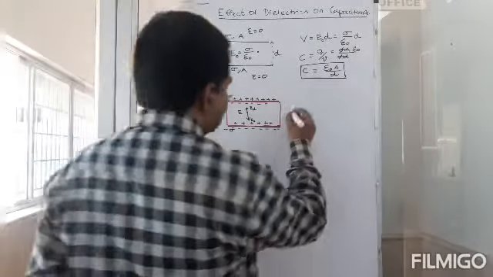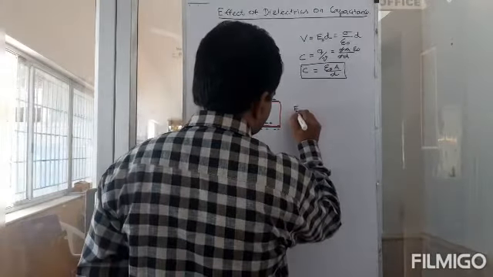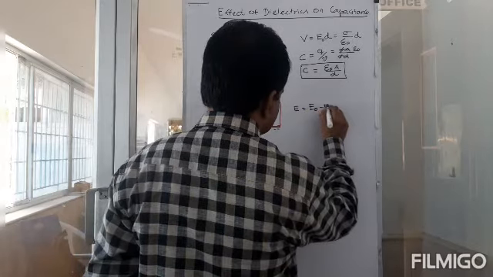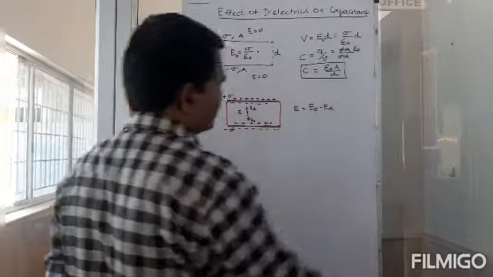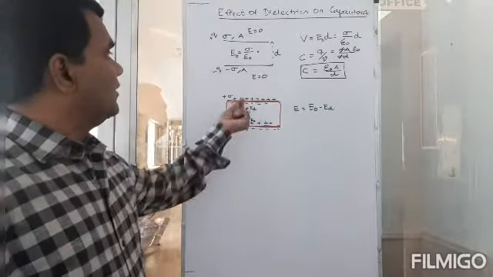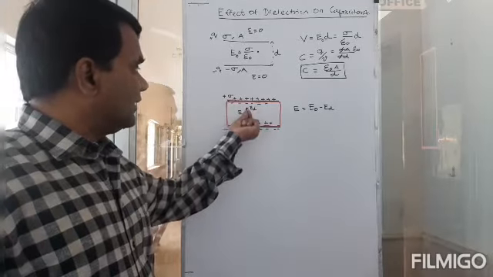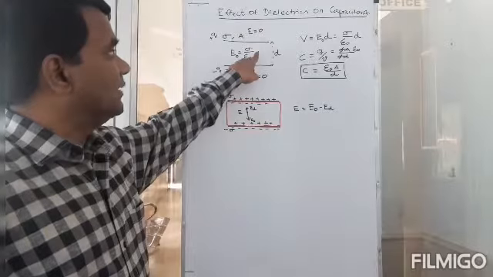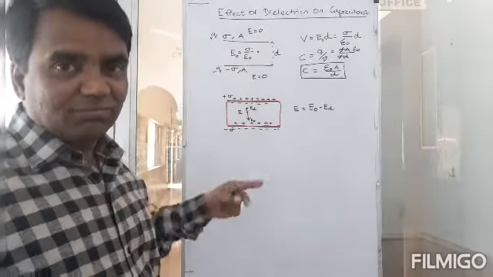So my E is actually going to be E naught minus ED. You see, now E at this point is going to be of a smaller value than E at this point.